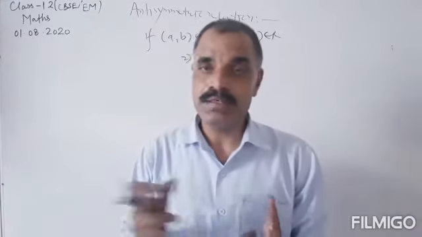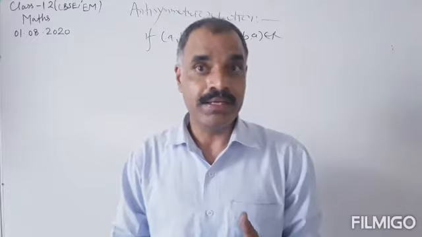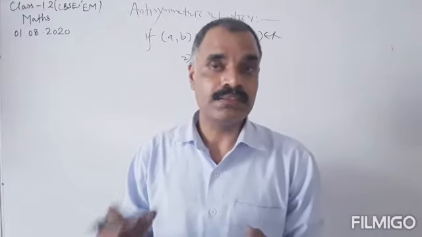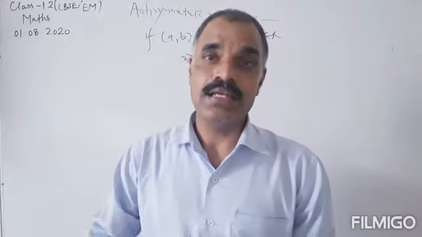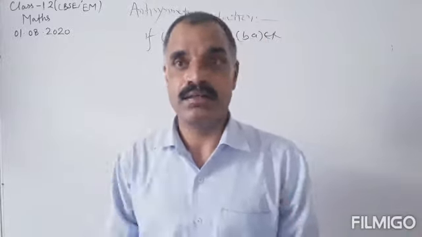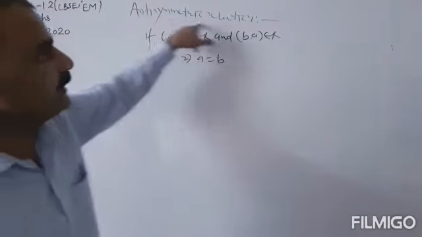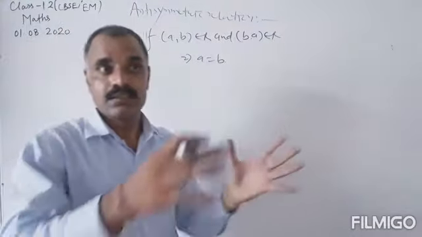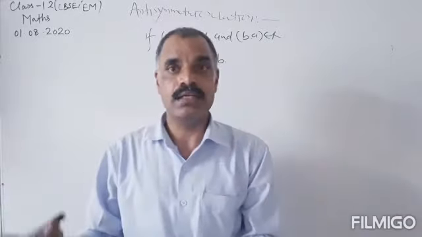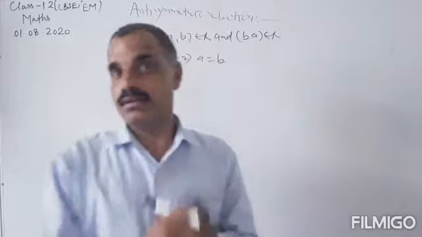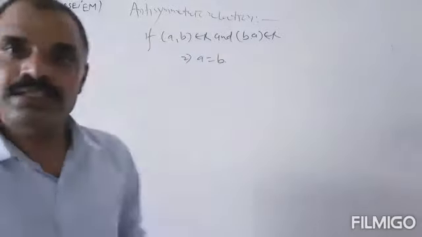Means if the symmetricity is due to parity, parity meaning a equals b, then it is anti-symmetric. So this is anti-symmetric relation.